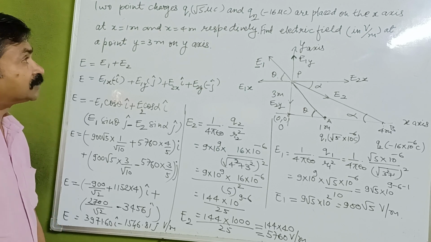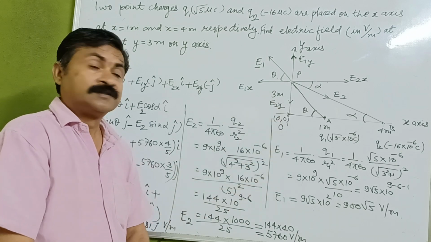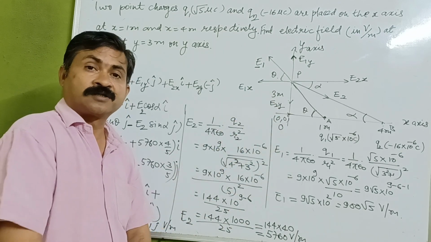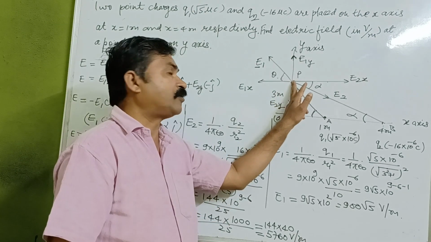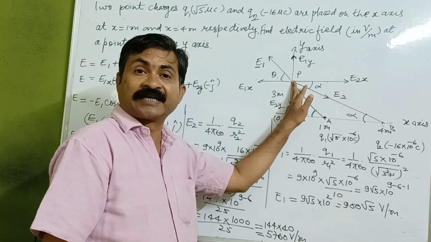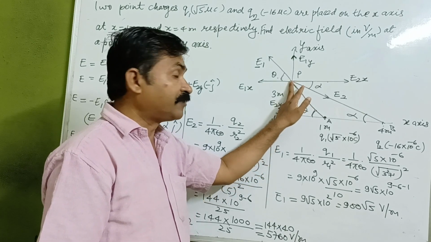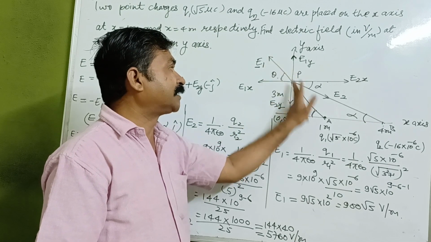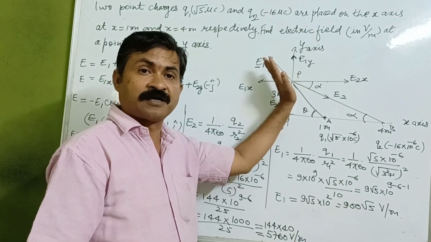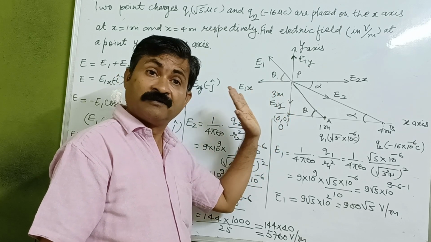So if a question like this is given to us, we can solve it in this manner, resolving the components of the electric field, seeing how the electric field is acting. Because here it is a positive charge, and we know the electric field is the force experienced by a unit positive charge. Once we place a unit positive charge here, the force acts in this direction, which is a force of repulsion, and the electric field will always be in the direction of the force.